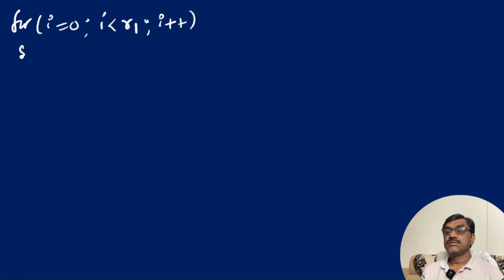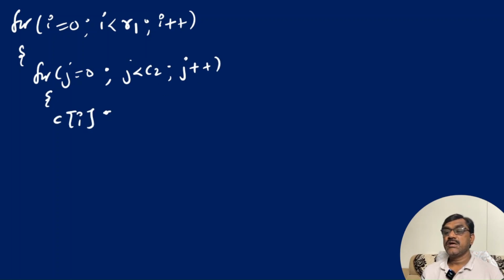See here what code we have written: for i equals 0, i is less than R1, i plus plus, right? Next we have written for j equals 0, j is less than C2, j plus plus, and here, in the opening brace, initially you initialize C of ij equals 0, and then use another for loop.